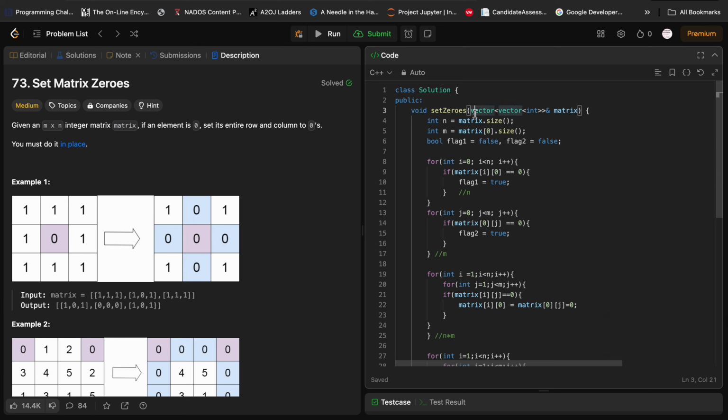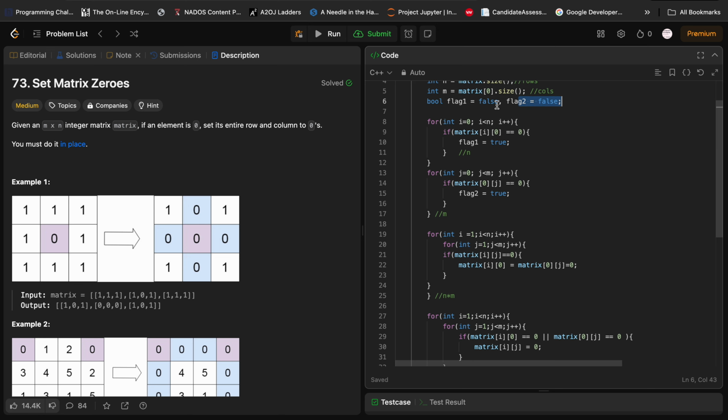We are considering a matrix, so we have created a 2D vector. Here int n is the number of rows, and int m is the number of columns, and flag 1 is the boolean variable for rows, and flag 2 is for columns.